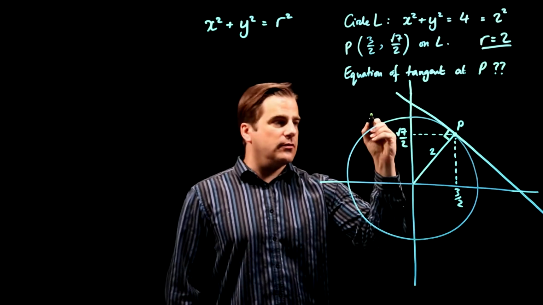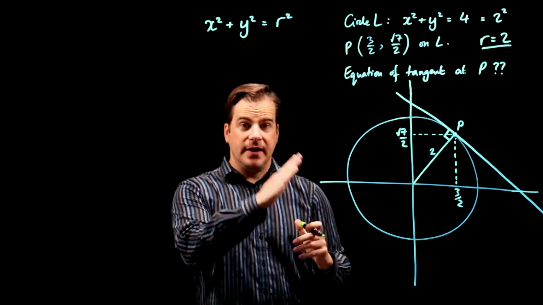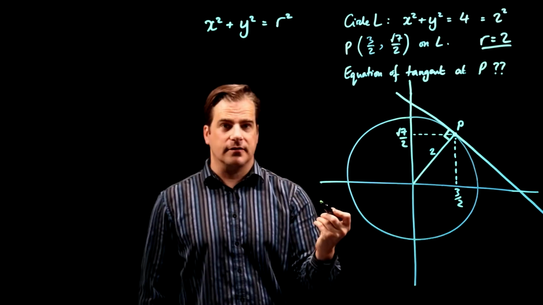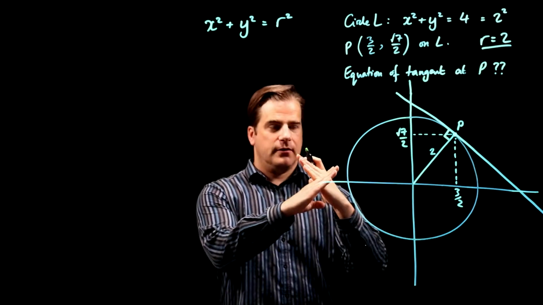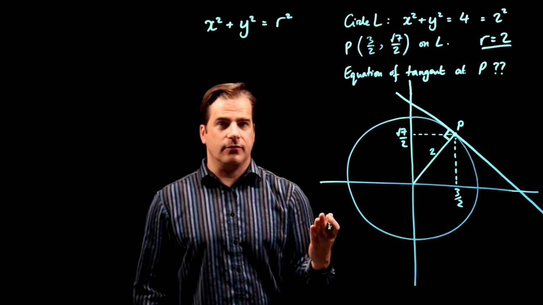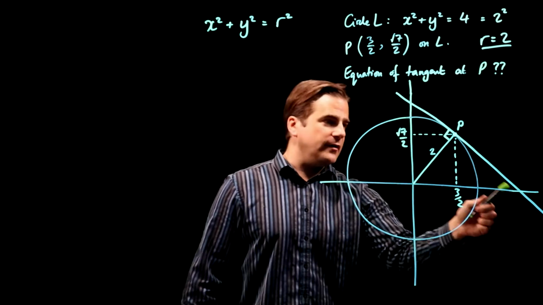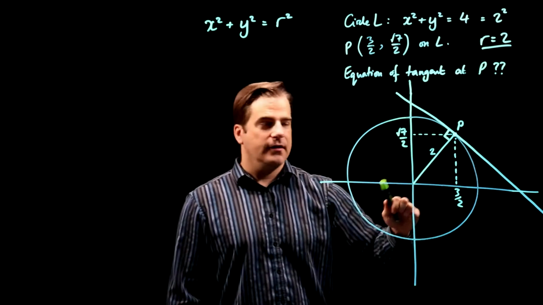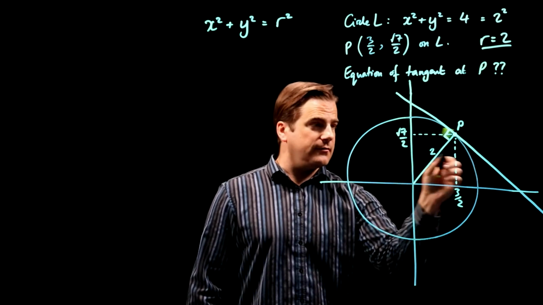And if you know the gradient of a line, then you immediately know the gradient of another line perpendicular to it, because it's the negative inverse of the first line's gradient. In fact, any two lines that cross at 90 degrees, like these two, if you know the gradient of one, the gradient of the other is always the negative inverse. So we can find the gradient of our target, the tangent, if we know the gradient of the radius. And we can easily work out the gradient of the radius as rise over run because we have the coordinates.